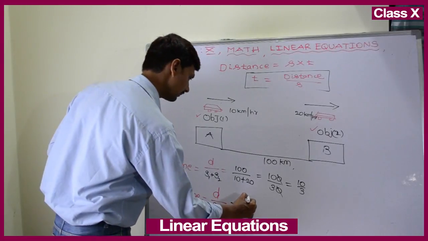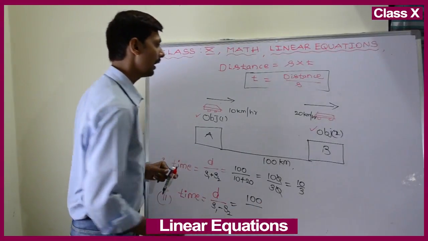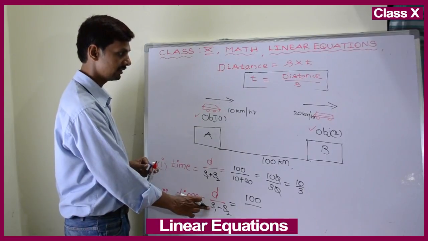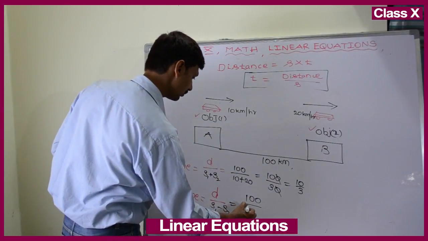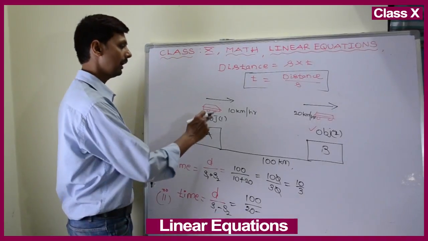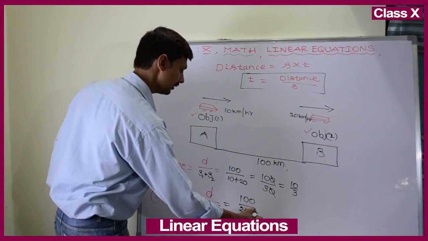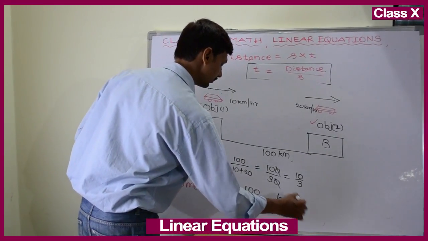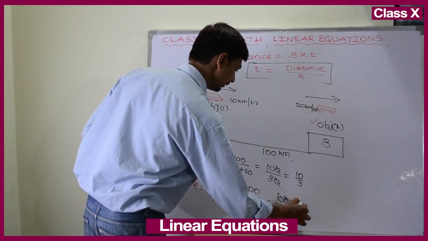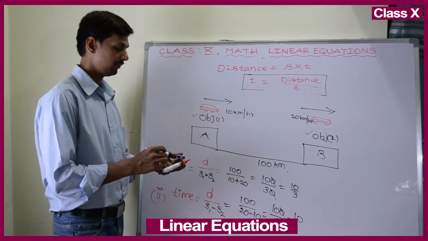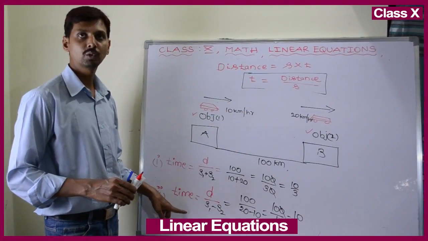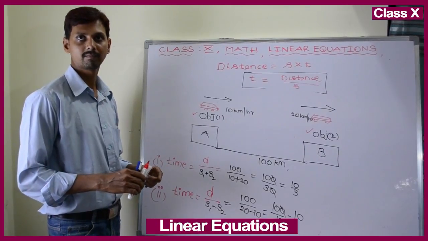So the distance is 100 kilometers, and here the highest speed is 20 kilometers per hour. So 20 minus 10 kilometers per hour, that is 100 by 10. The zeros cancel, and we get 10. After 10 hours the two cars are meeting each other.